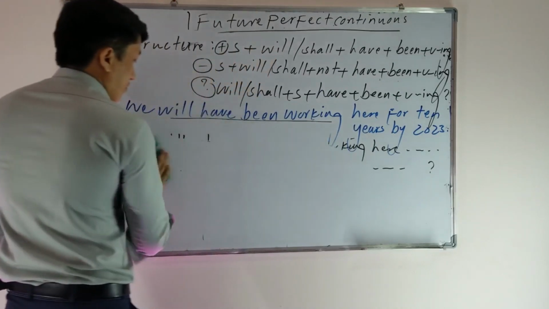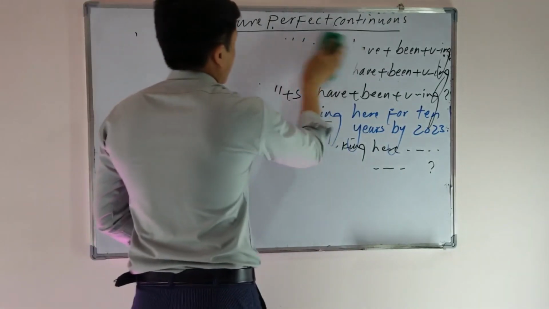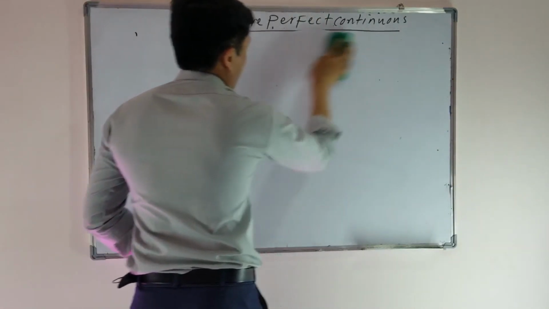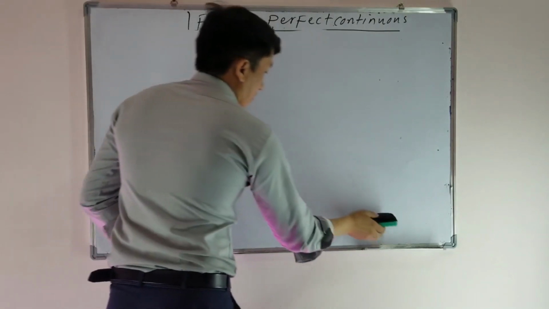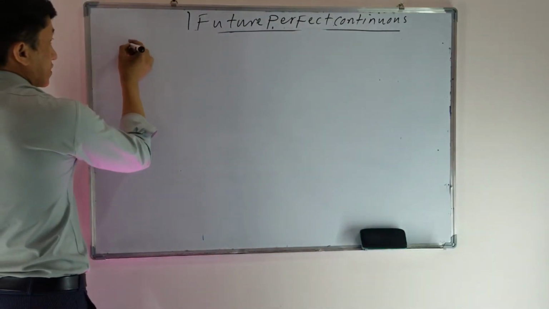Now, let's go and talk about the definition and the usage of future perfect continuous tense. Number one, it talks about an action.